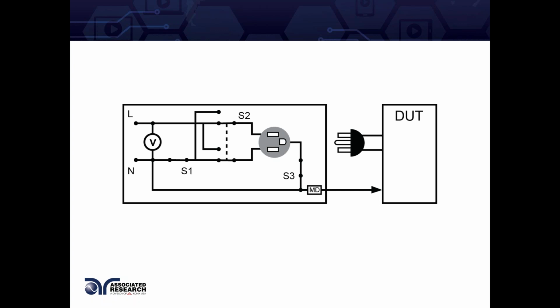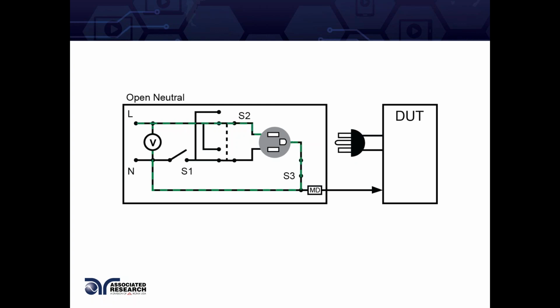That means it has the circuitry and the hardware internally to be able to simulate or induce these fault conditions for the purpose of leakage current tests. In this case, let's look at the normal conditions first. There are 3 switches that we're looking at: S1, S2, followed by S3. And then we have our little MD circuit sitting at the bottom.